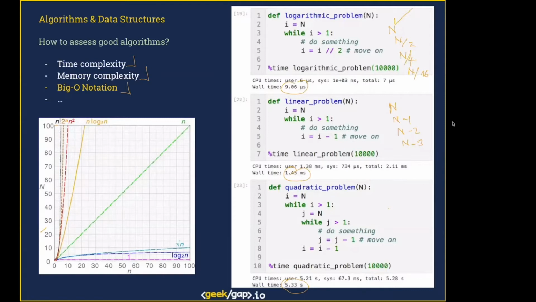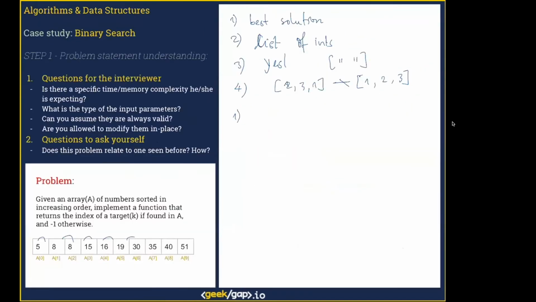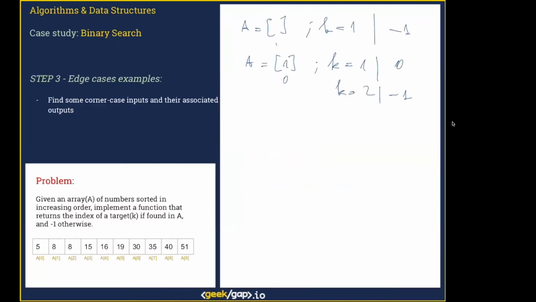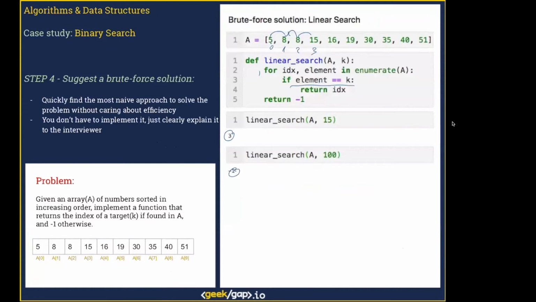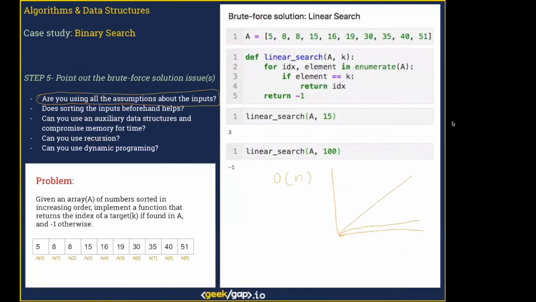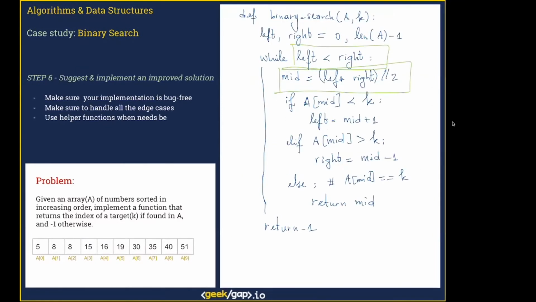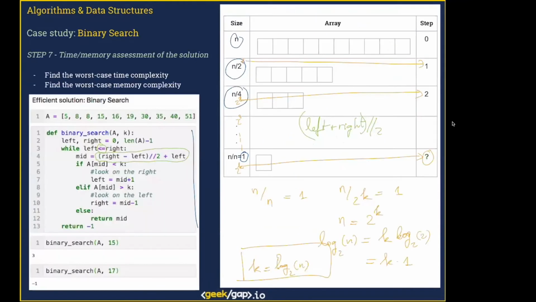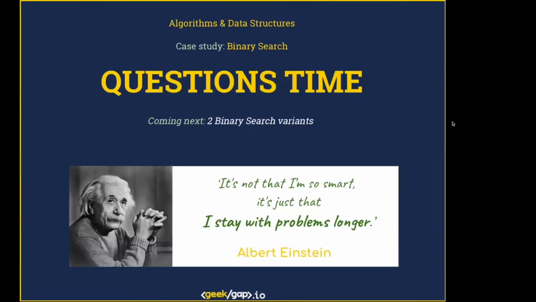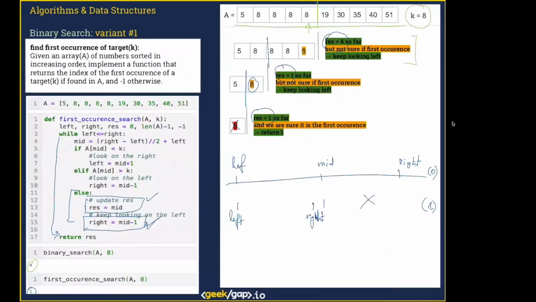So let's move to any question regarding the variance. Is that understandable, everyone? The variance of binary search that we covered. The first one here, finding the first occurrence, is that understandable?